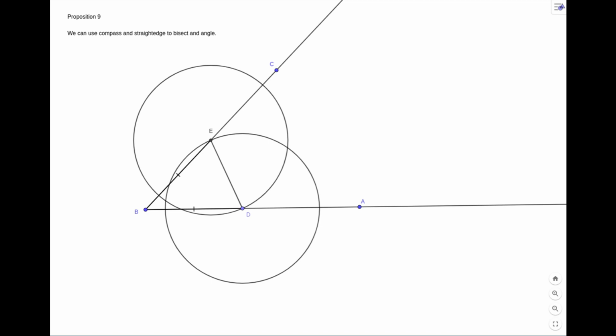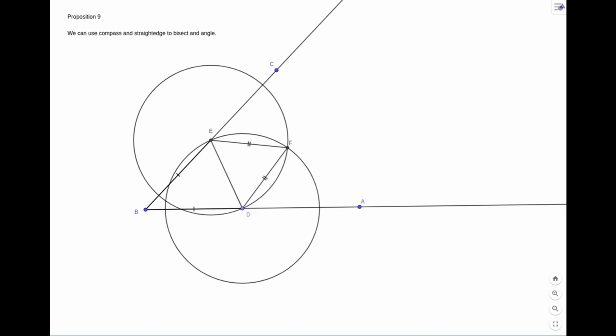And what this in turn gave us was our new point of intersection, say F, of those two circles. And what this gave us then is our equilateral triangle EFD.